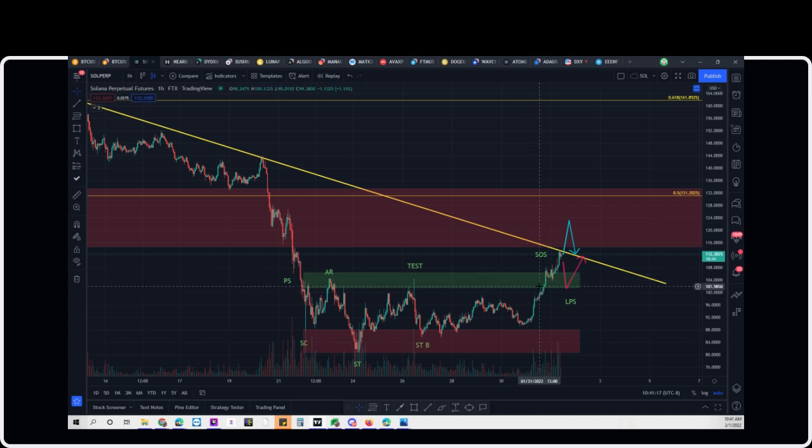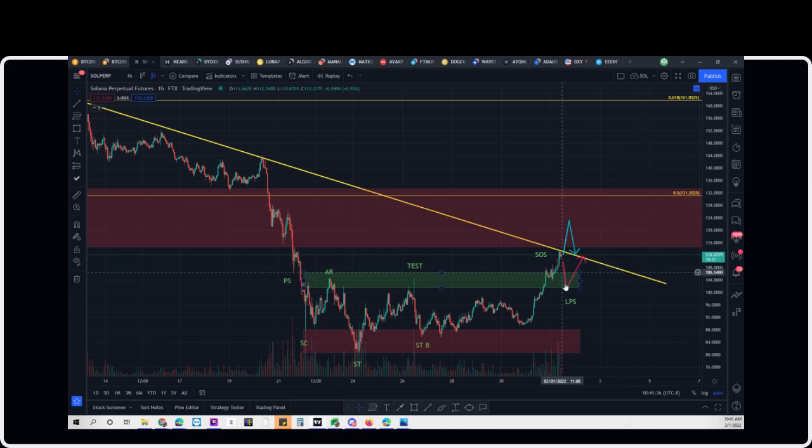But connecting back to NFTs, Solana is the second biggest market for NFTs. I've been buying a lot of Solana NFTs, anticipating that we do go slightly higher in the entire market.